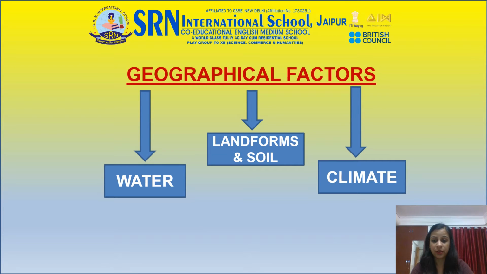Geographical factors are those factors which are dependent upon the terrain of land or the availability of water or the climate of any place. Geographical factors can again be classified into water, landforms and soil, and climate.